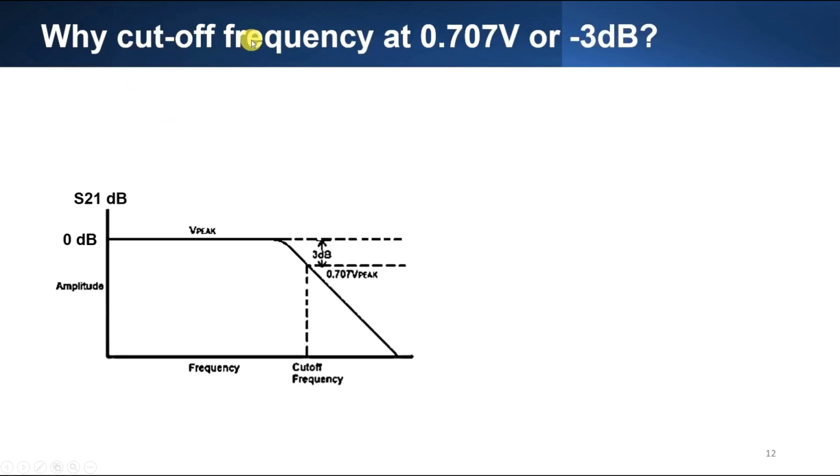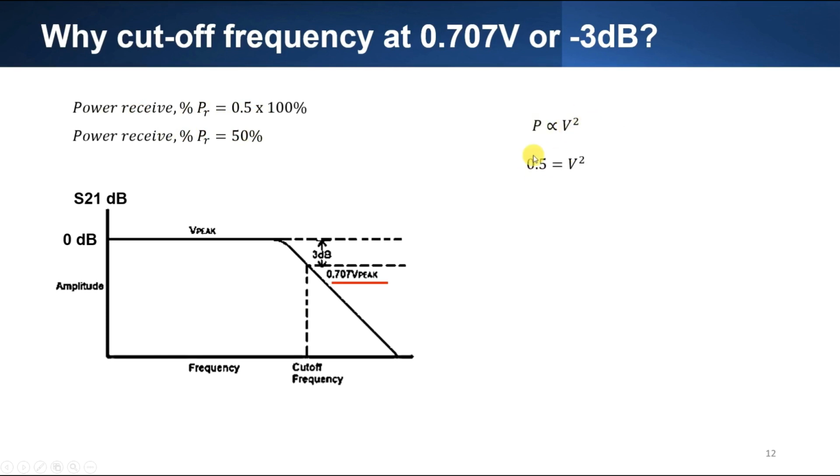Next, why is the cutoff frequency at 0.707 volt or -3 dB? We already know why -3 dB, but why 0.707 voltage here? We know that the power received equal to 0.5 is 50% of the power received. We also know that the power is proportional to voltage squared.